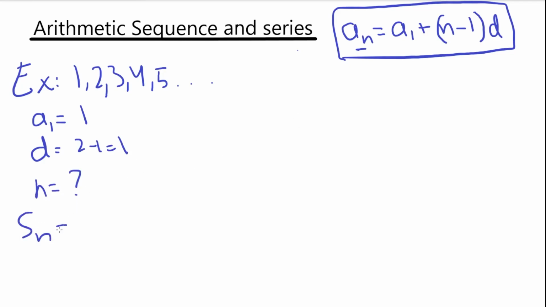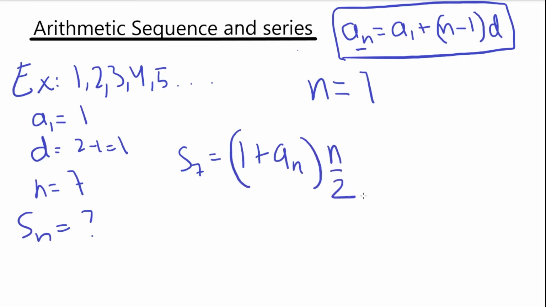So what is Sn? Let's say the n is 7. So that means S of 7 is what we need to find out. S of 7 is given as 1 plus an multiplied by n by 2.